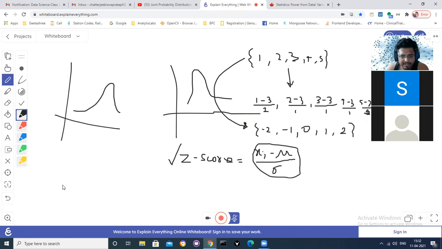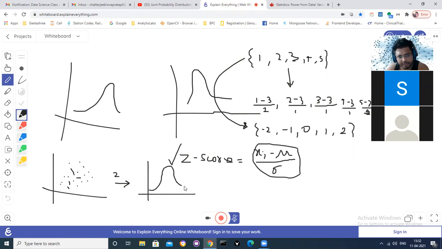So suppose you have a plot like this and you have, say, 50 points. You apply z-score and this will get converted into a normal distribution. You can think of this as an engine: take any distribution, apply z-score, and you get a normal distribution.